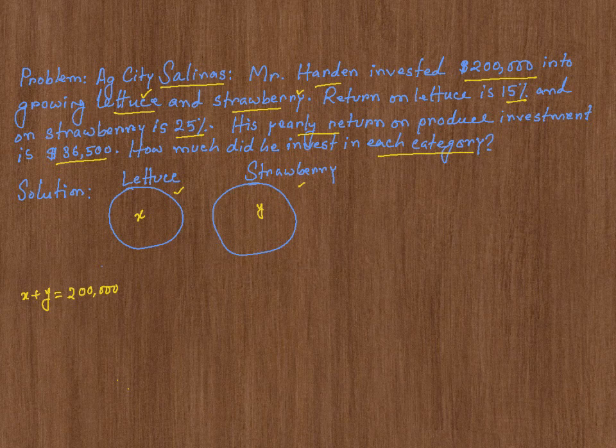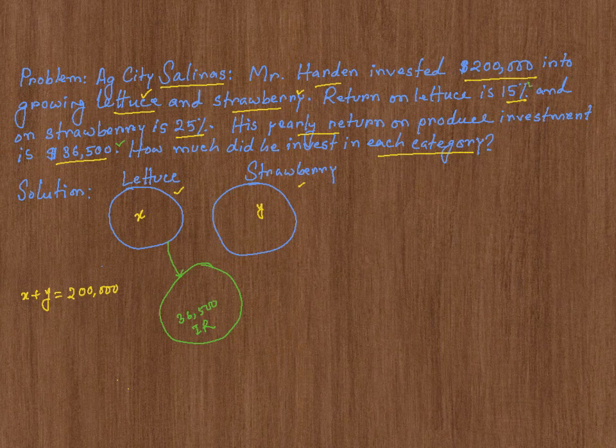Now he gets some investment return. Let's say this is my investment return, IR. And how much is it? 36,500. How much investment return does he get from lettuce?